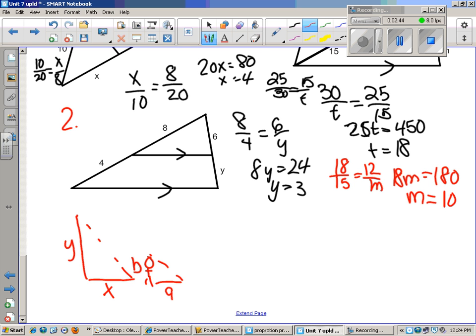So what they did was put a shiny piece of metal on the ground, and if they wanted to find the height of the pole, they put the shiny reflective surface on the ground, and then backed up till they could see the top of the pole from the mirror. I didn't do a very good job here, but that made two similar triangles. So the same thing goes for this: x in relationship to y is the same as a's relationship to b.